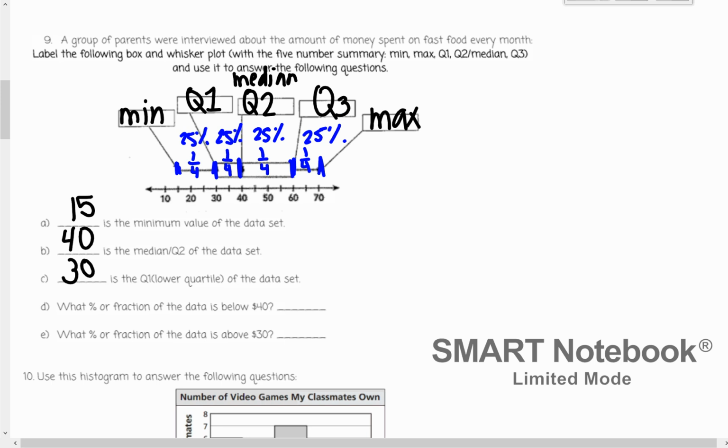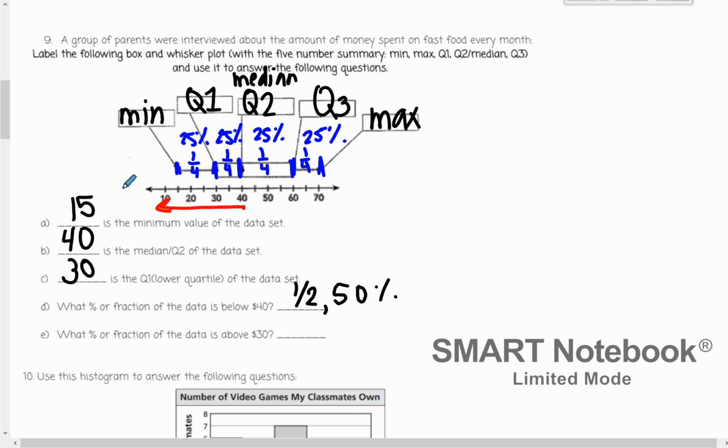So what fraction of the data is below $40? $40 is here. We're going below $40. We have two parts, which is 1/4 plus 1/4, which is 2/4, which is equal to 1/2. Or if we're doing percents, 25% plus 25% is 50%. Since that's our Q2, that's exactly in the middle, so half of our data is below it.